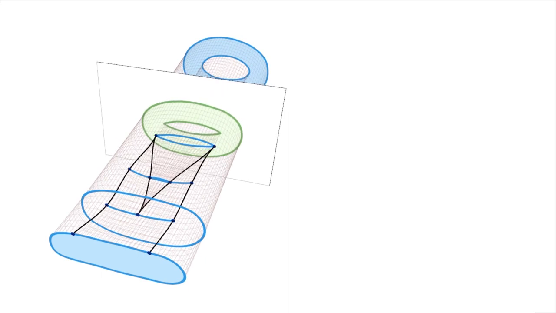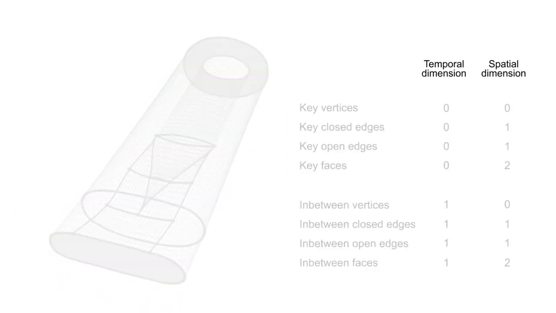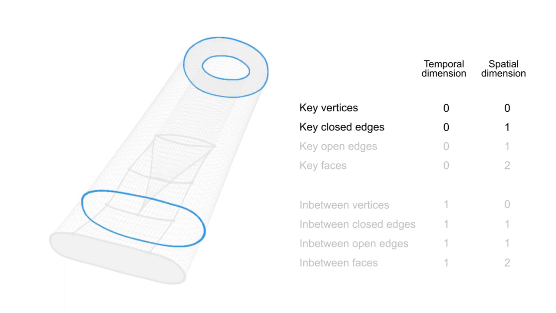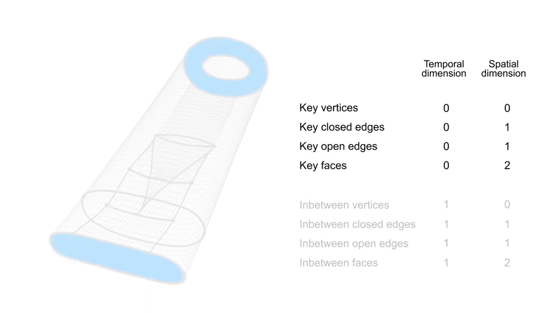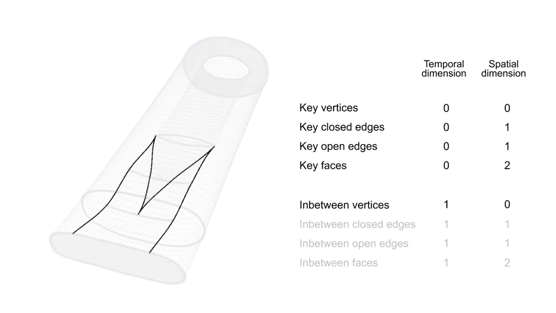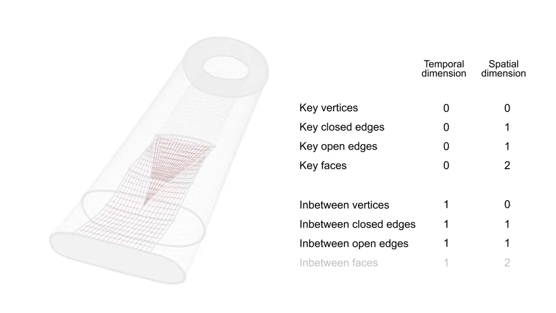Our data structure, the vector animation complex, is a cell complex immersed in space-time. It is made of 8 types of cells: key vertices, key closed edges, key open edges, key faces, in-between vertices, in-between closed edges, in-between open edges, and in-between faces.